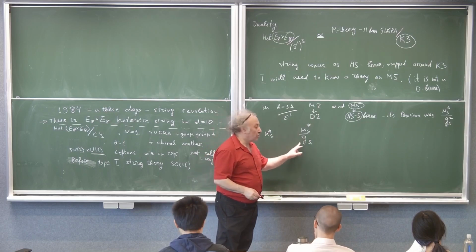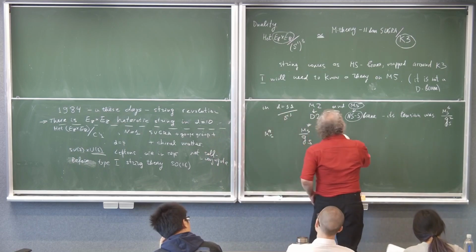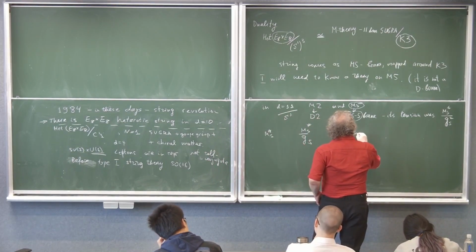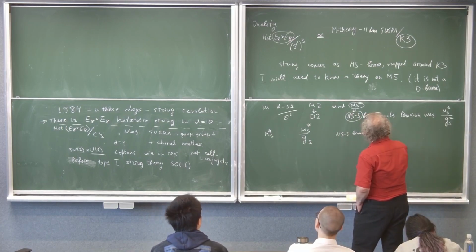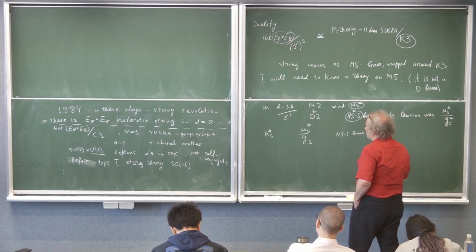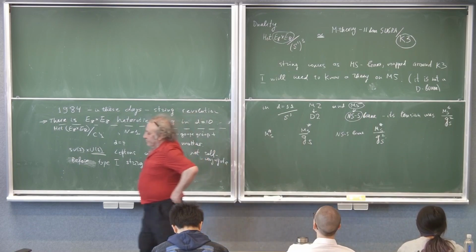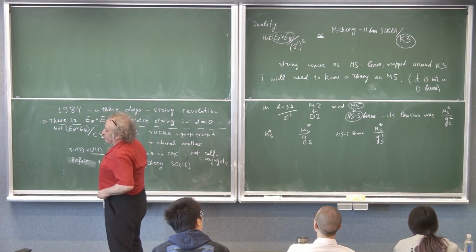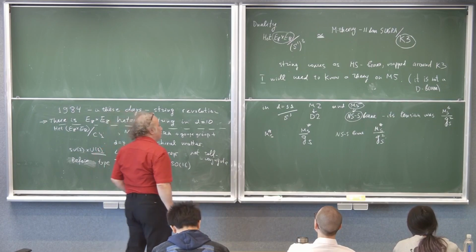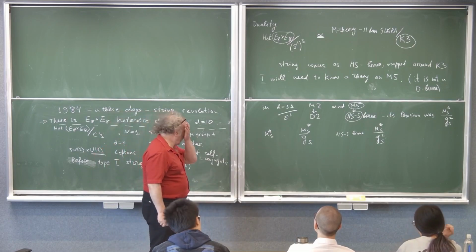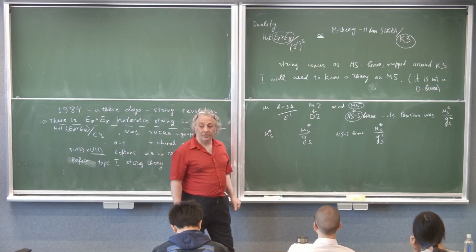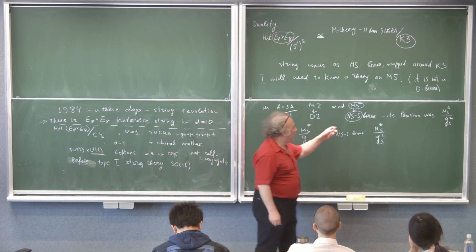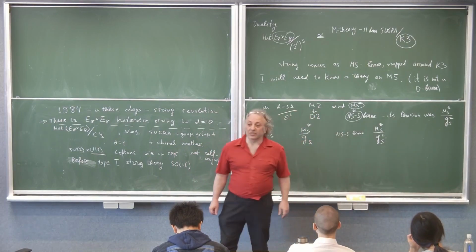For D-brane, tension goes like this, and for an NS5-brane, it goes like 1 over g squared. So the question would be, what is the theory on this NS5-brane? So it's a very mysterious object.